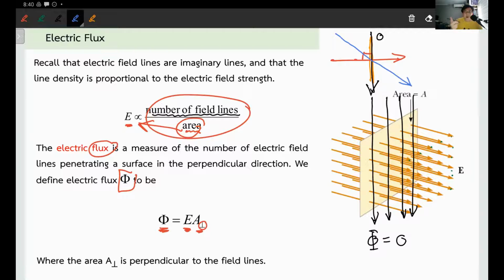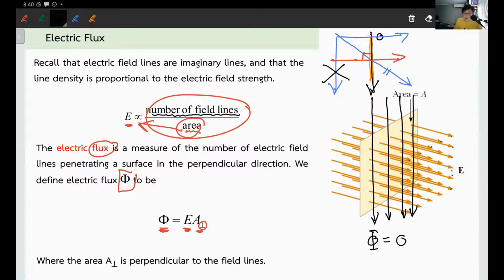Very good. I think what you're thinking is correct. All you need to do is take the components of the vector. Now I can break this blue electric field line into 2 components. With me, guys? You can say right away, Ajahn, the vertical component is not good because this component is not penetrating the area.